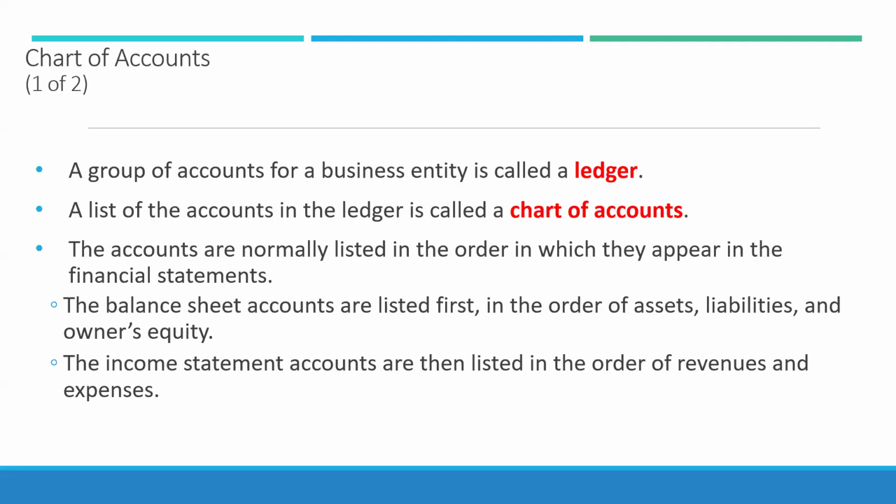So my chart of accounts, or my ledger, my group of accounts I'm going to use, is going to look different from others. The list of the accounts that I'm talking about right now is called the chart of accounts. My chart of accounts would include cash, equipment, servers and computers and printers and copiers and shredders.